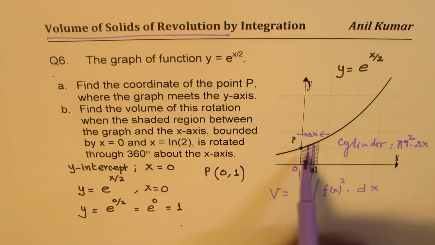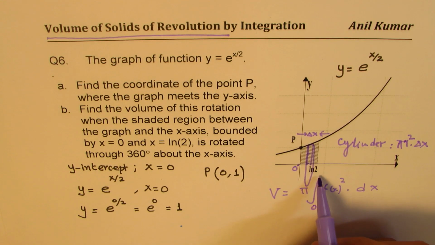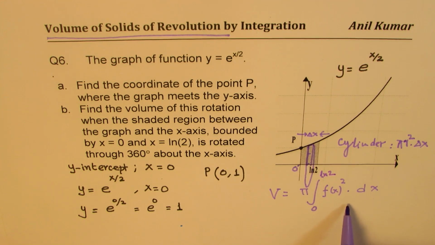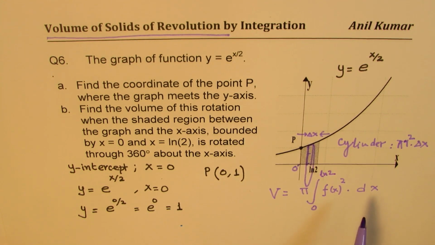And when you take the sum of all these slices of cylinders, from 0 to ln 2 in this case, then you get the volume, correct? So I'd like you to now apply this formula and solve for part B.